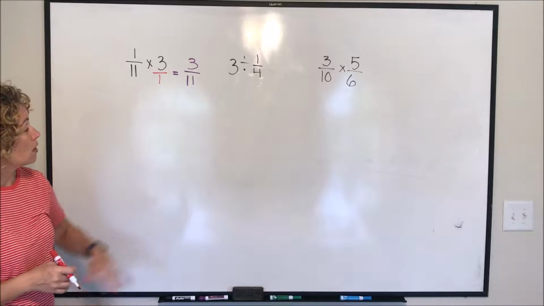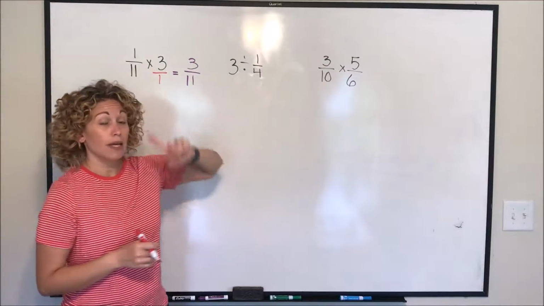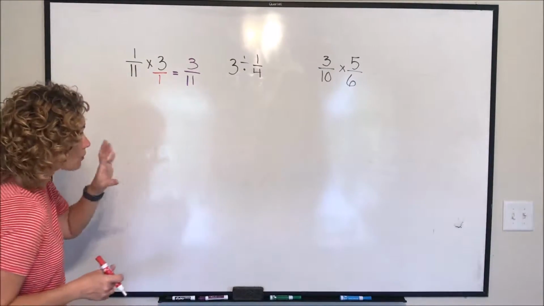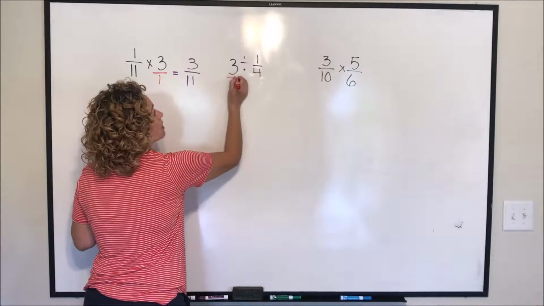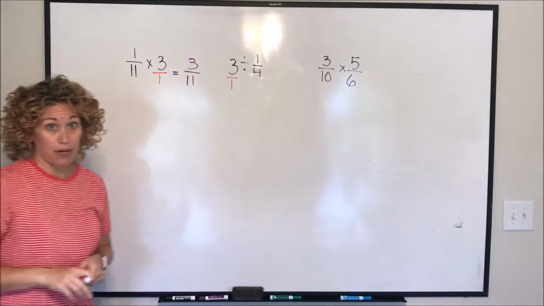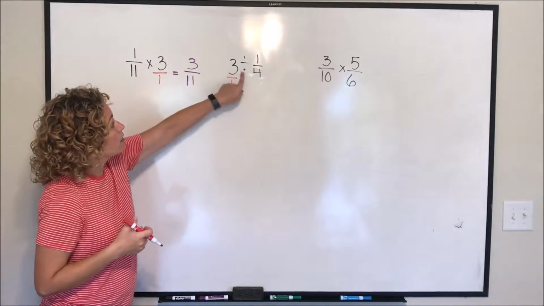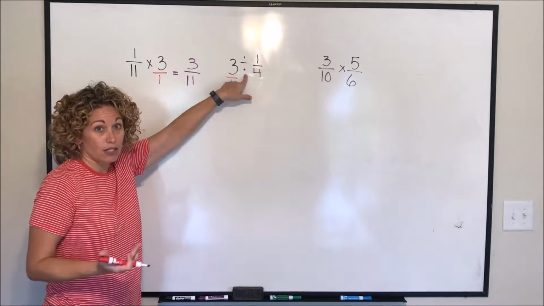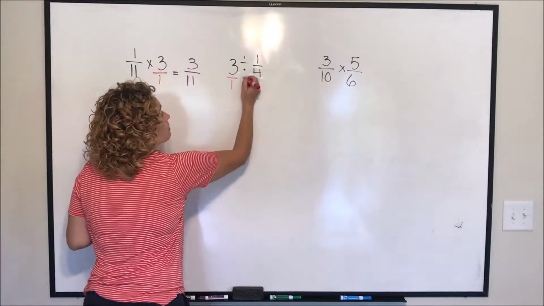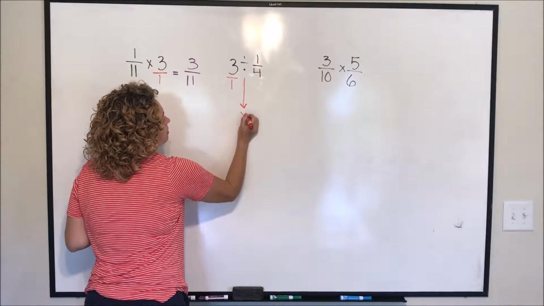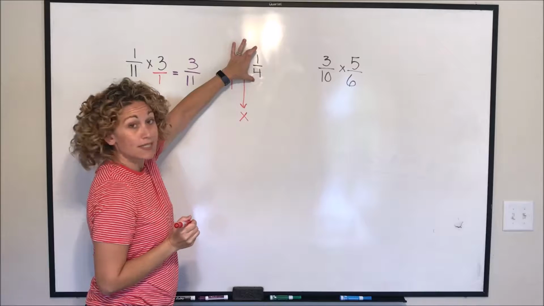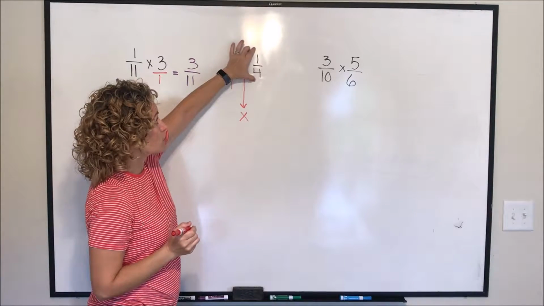Okay? Well, in this next one, again, the first thing that should jump out at you is put a 1 under that 3. Okay? Now, we have two fractions, but do we like to divide by fractions? No. What we do instead is we multiply by the reciprocal of whoever's doing the dividing.